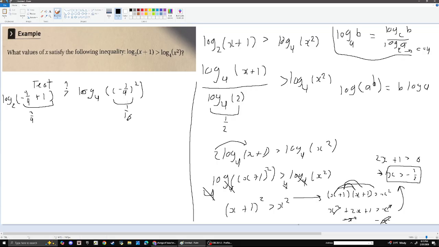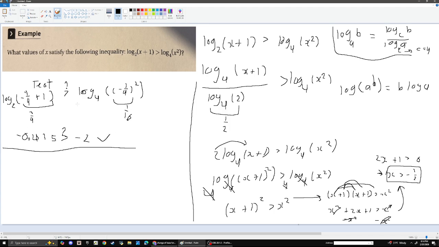Let me just plug this into my calculator on the left. So negative 0.415. We're asking, is that greater than the log base 4 of 1/16? So is that greater than negative 2? Yep.